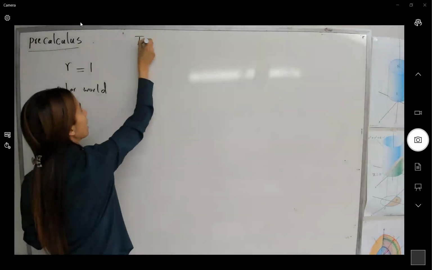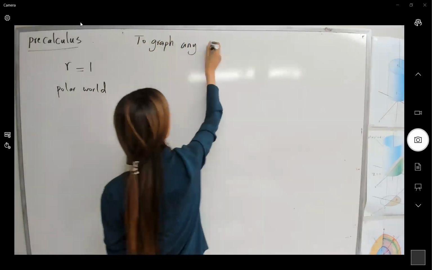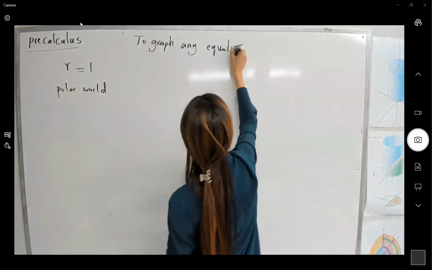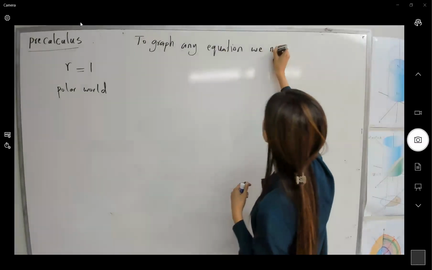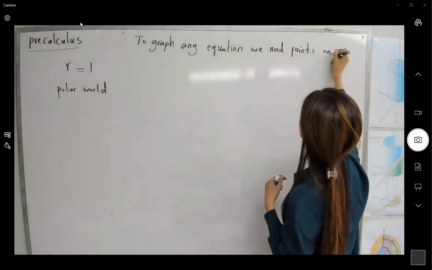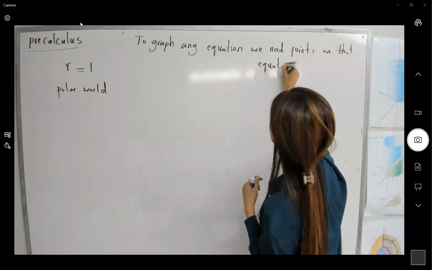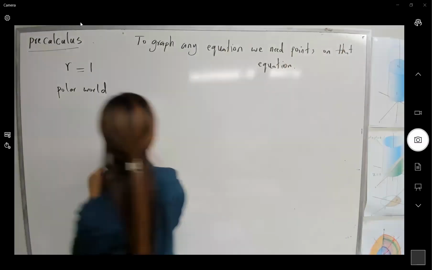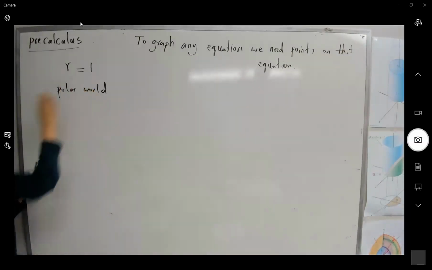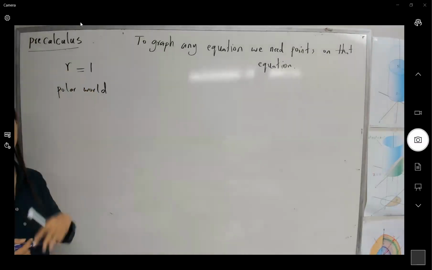So to graph any equation, we need points on that equation. Here I have one equation, r equals 1, and it's in polar world, so I need to plot some points.